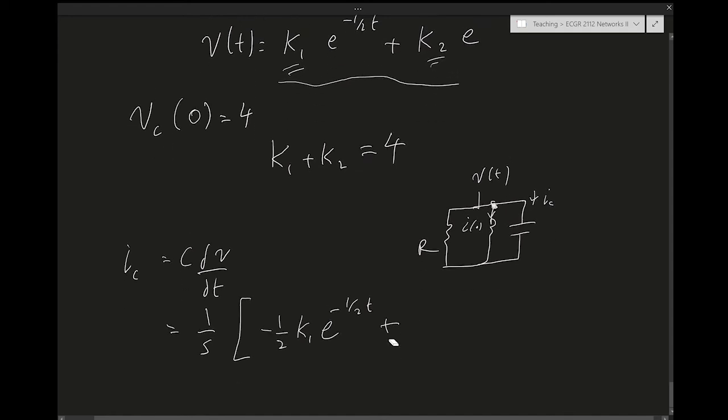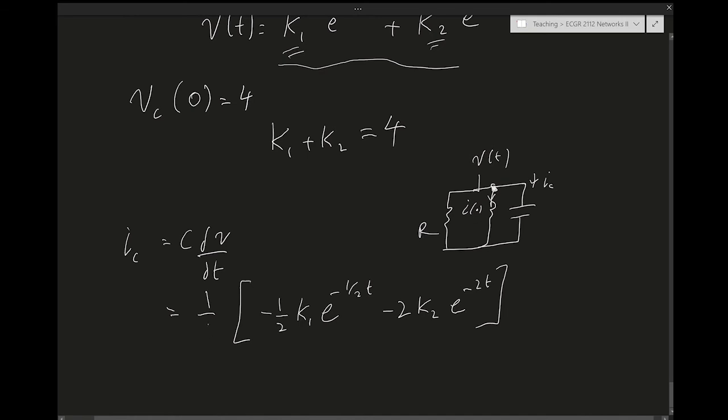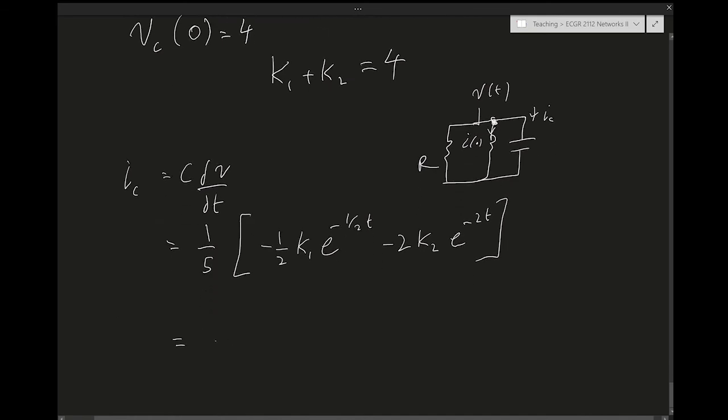And then minus 2 K2 e^(-2t). Okay, so this is 1 over 5. So IC is going to be minus 1 over 10, which is minus 0.1 K1 e^(-t/2), minus 2 over 5, and 2 over 5 is 4 over 10, so minus 0.4 K2 e^(-2t).